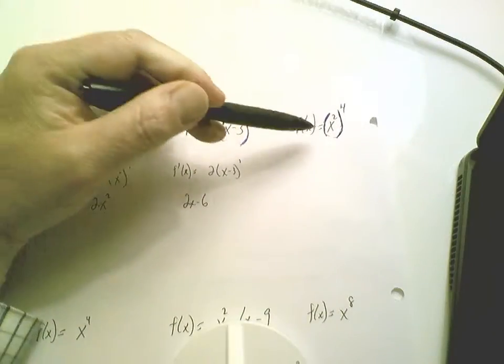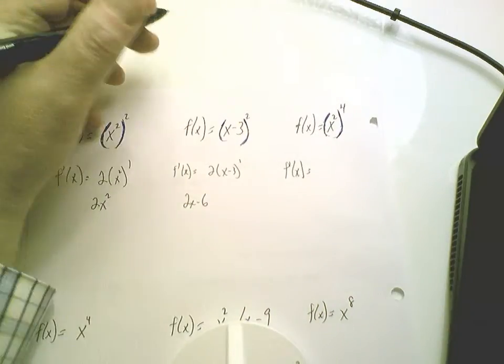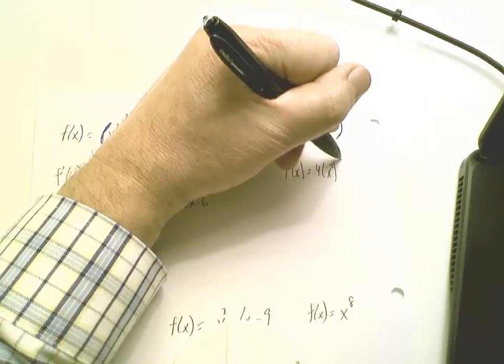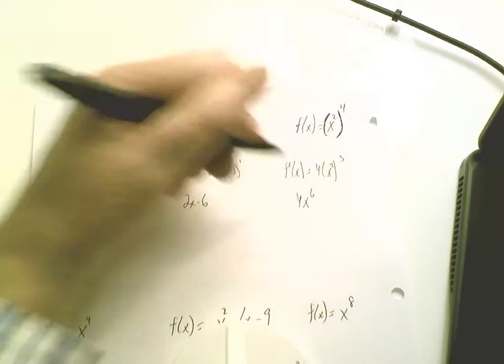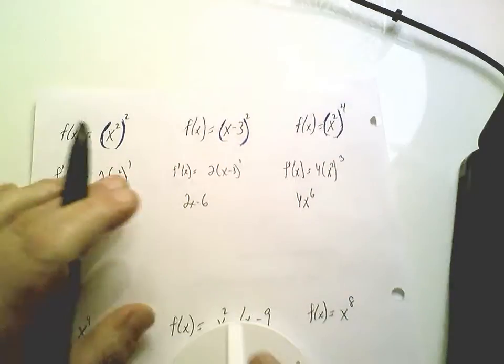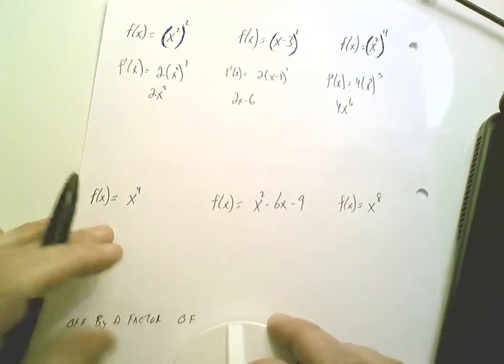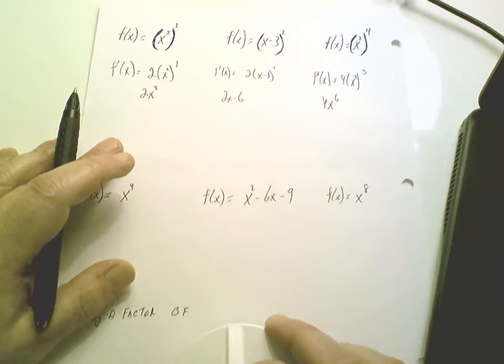And if I went over here, I would say f prime of x equals 4 times x squared to the 4 minus 1, the 3rd power. I come back with an answer of 4x to the 6. But what I then asked you to do is take those same functions, let me move this just big enough that we can see this. I'll hold up my camera.